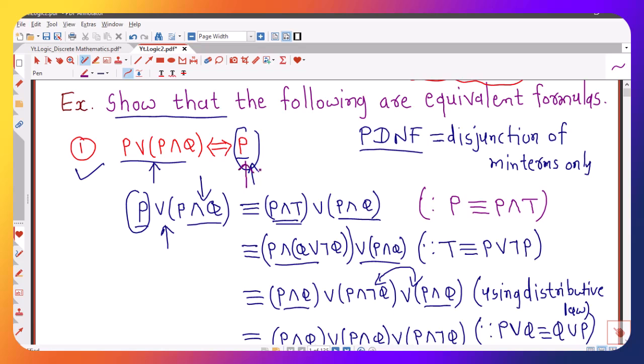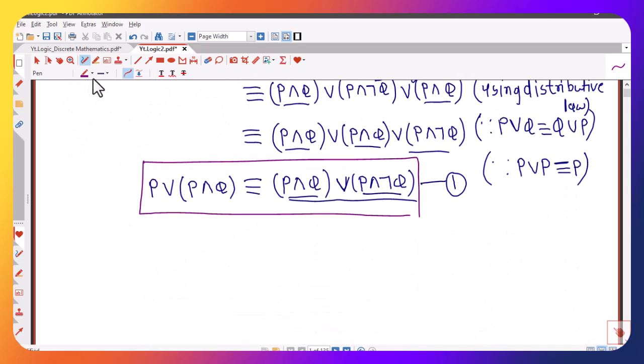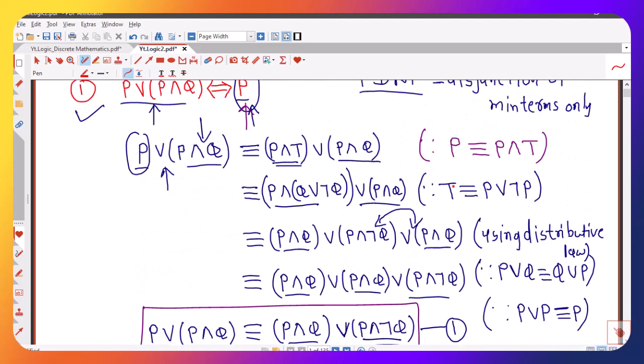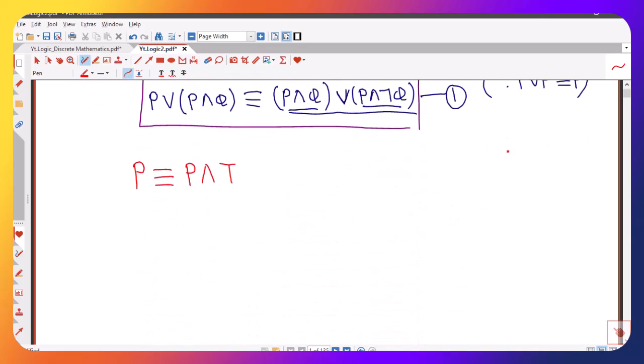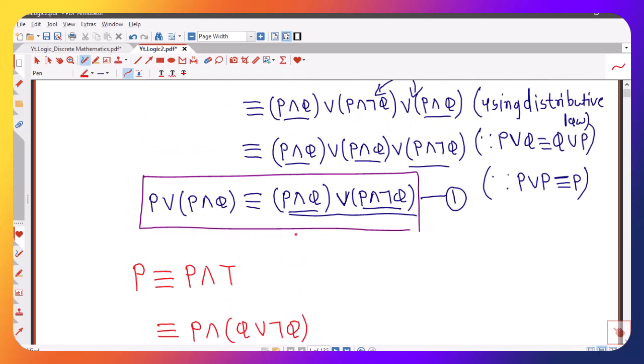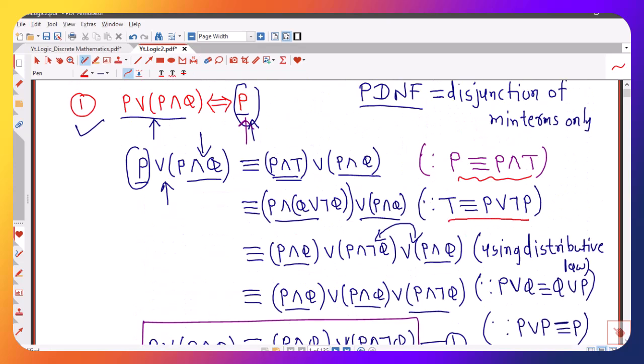that is P only. So now we try to write down this principal disjunctive normal form for variable P. So for that, first we rewrite P as P and T. We know that P can be written as P and T. Again here Q is missing, so T can be rewritten as Q or negation Q. Whatever you are using, that you have to write in this way.